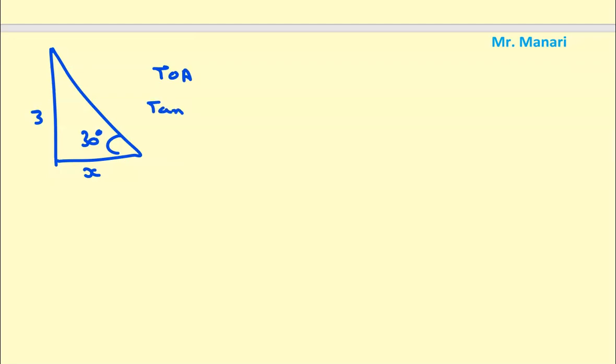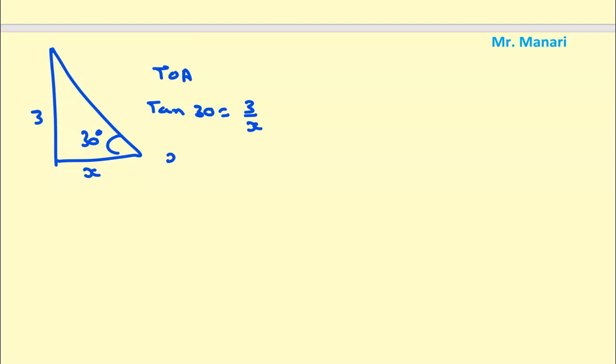For the tan, you have your right angle triangle here. You have something like 3 here, x here, and an angle of 30 degrees. To find x, you use tan, which links the two sides that you need. So tan theta, which is tan 30, is equal to opposite, which is 3, over adjacent, which is x.